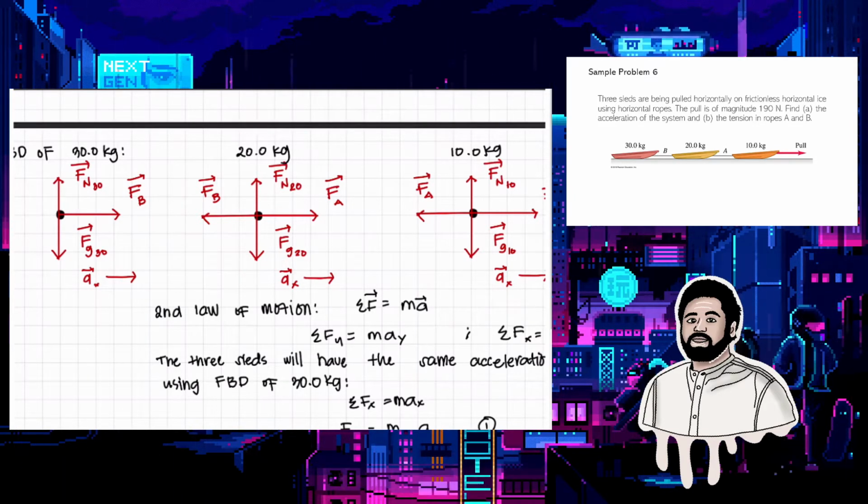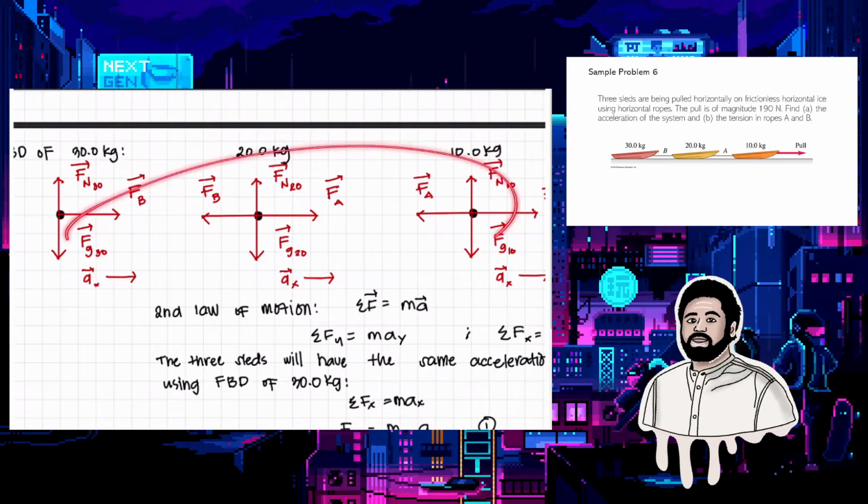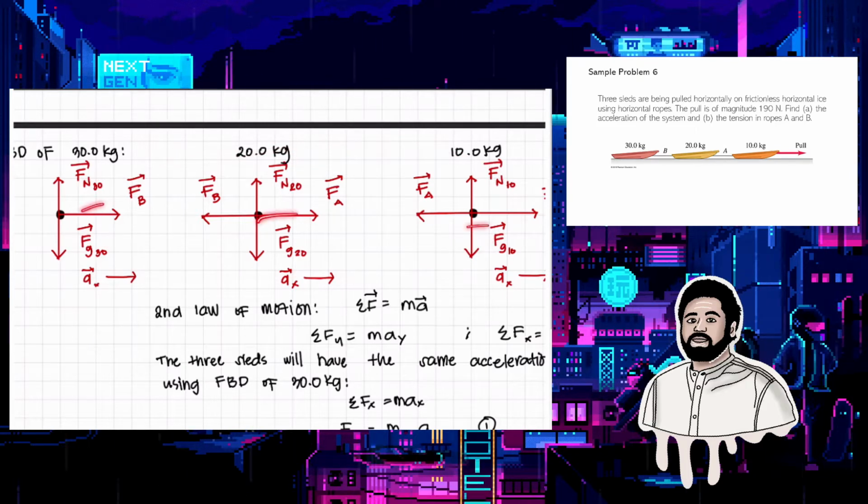But there's also another method in solving for the acceleration, and that is because this is just one system, I could treat this as one system wherein I have 30 plus 20 plus 10 kilograms of mass that is moving at the same time. And then I have only the net force that is just equivalent to the pull. I did not account for the tensions in cord B and in cord A. I just neglected them first.